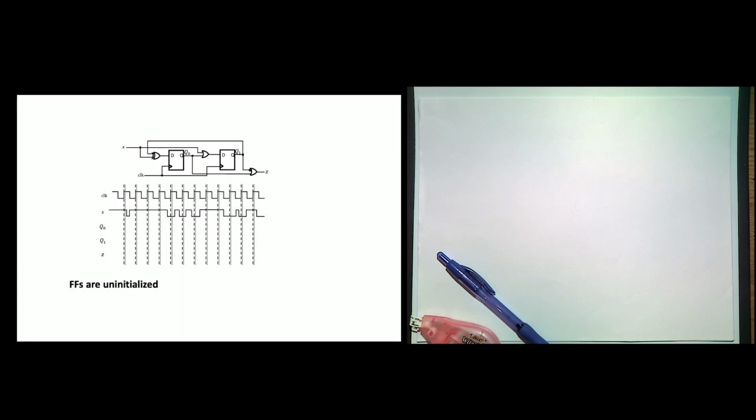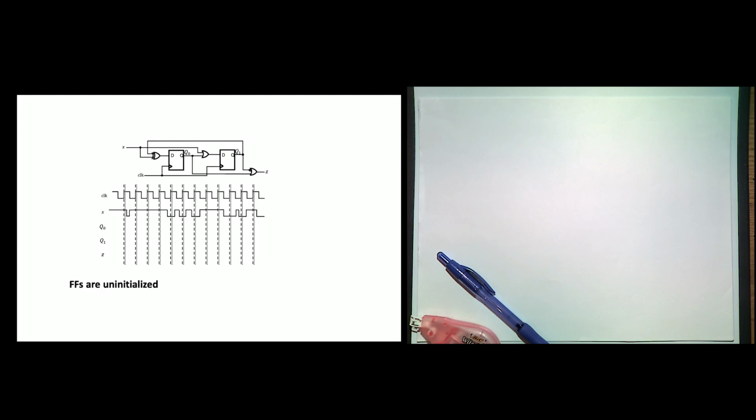So on Monday, we talked more about flip-flops and building counters with flip-flops, and we had a simulation of a simple circuit with 2 flip-flops, and we did one, and there is actually a second one here to do. So let's do this one.